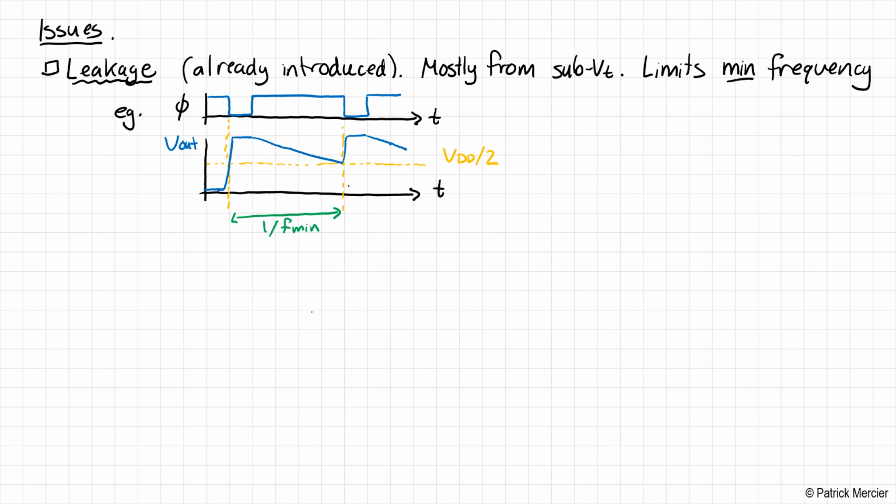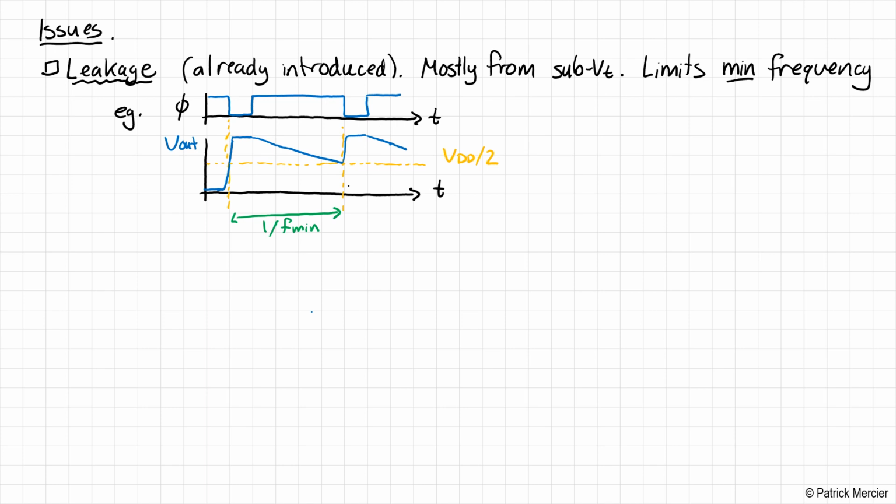Therefore, this means we effectively need to recharge or refresh every node in our circuit once a clock period. That's setting our minimum frequency. Now, of course, there's still also a maximum frequency. We can't clock the circuit too fast, otherwise we get into propagation delay issues. So this is an issue.